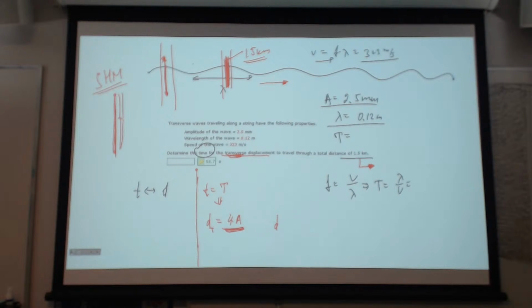Oh, I see. Okay, so I would do 1.5 kilometers divided by 4 amplitudes. That would give you the number of periods. And then I can use the equation T equals number of periods times period. If you know the number of periods, the total time will be equal to this number times one period.